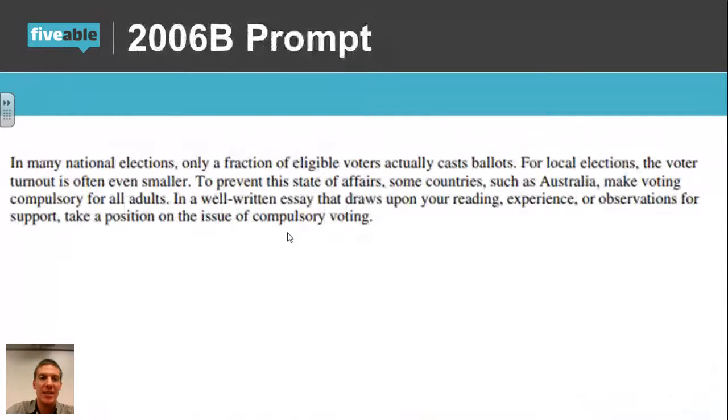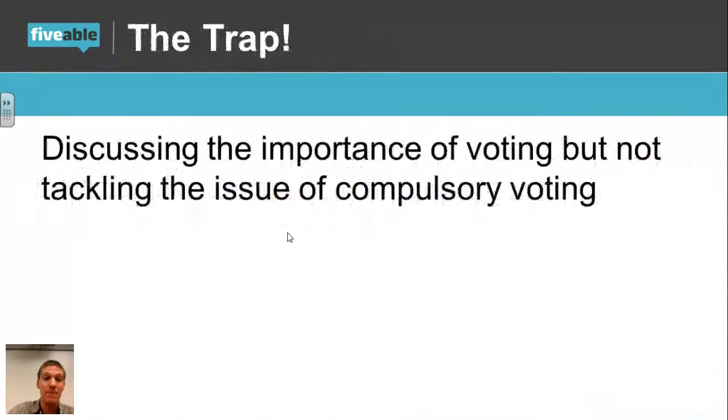The prompt is asking, what do you think about the issue of compulsory or mandatory voting like they have in Australia? That is a key distinction. Now, I could write the best essay of my life on why you should vote, and I would get a 4 at best on this essay. I have to talk about what I'm actually being asked to talk about.